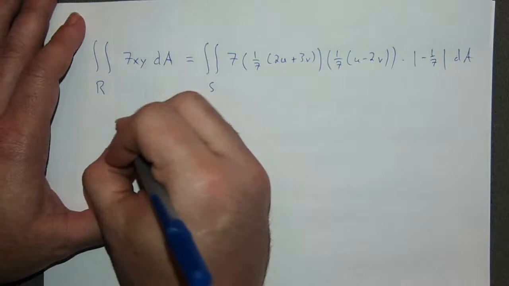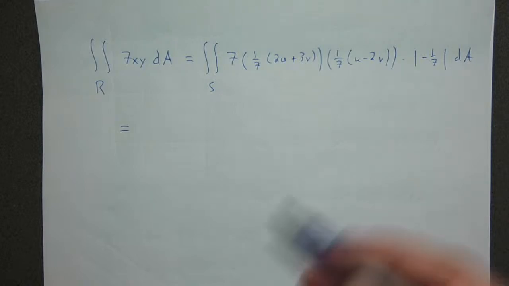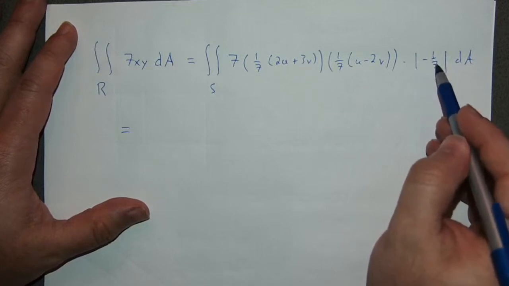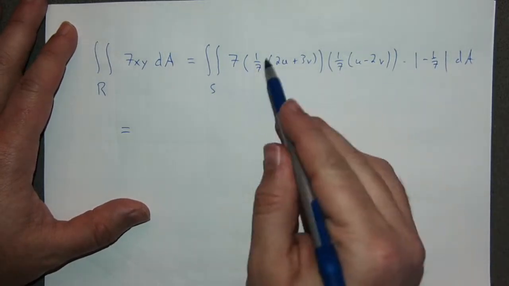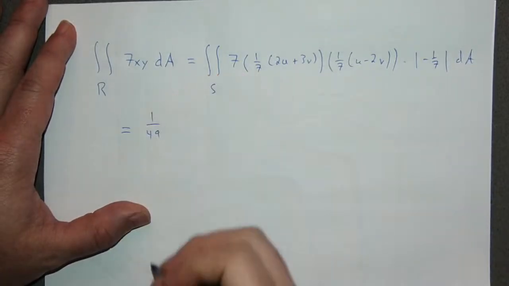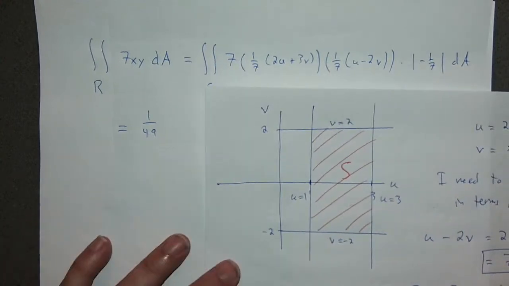So let's do a little bit of algebra to clean this up. The absolute value of minus 1/7 is 1/7. That cancels with this 7. And then I have 1 over 7 squared to move outside, so that's 1 over 49. My region S, just to remind you, looked like this.